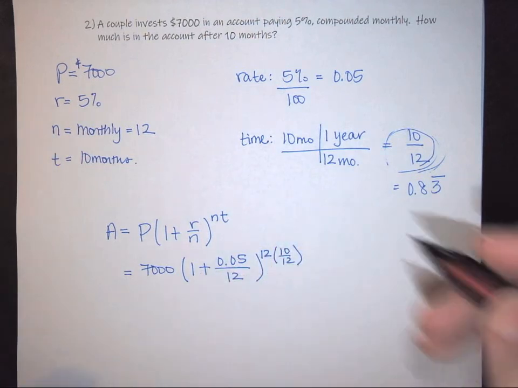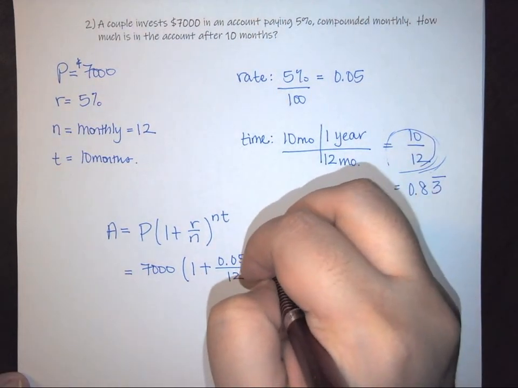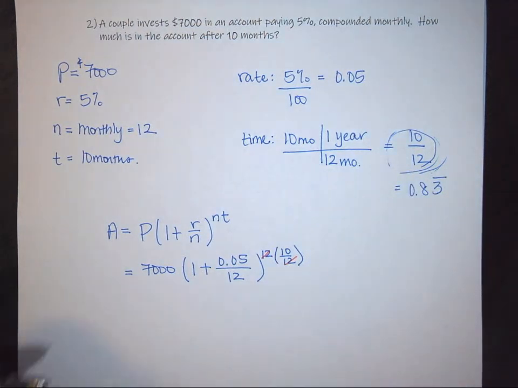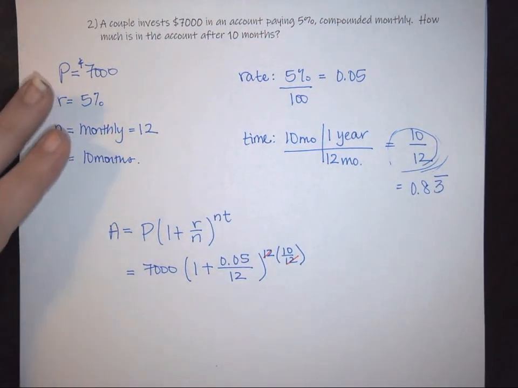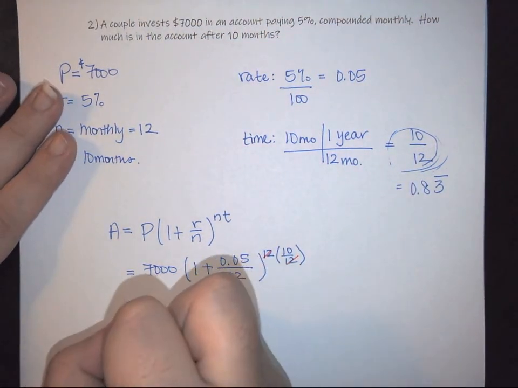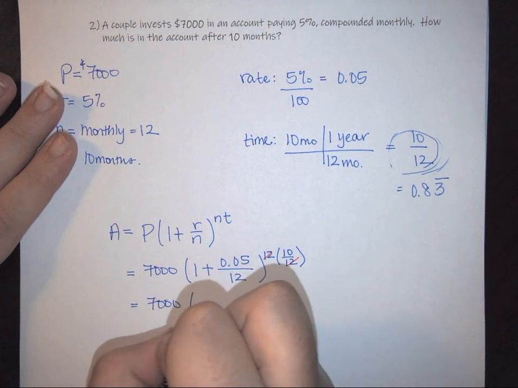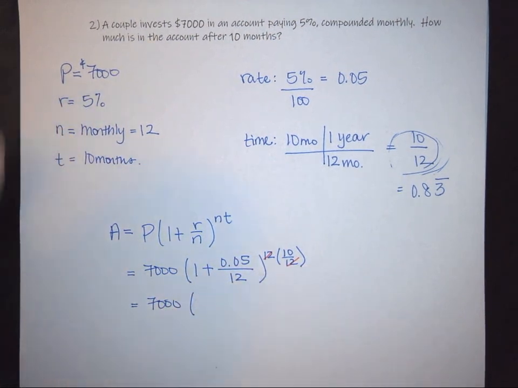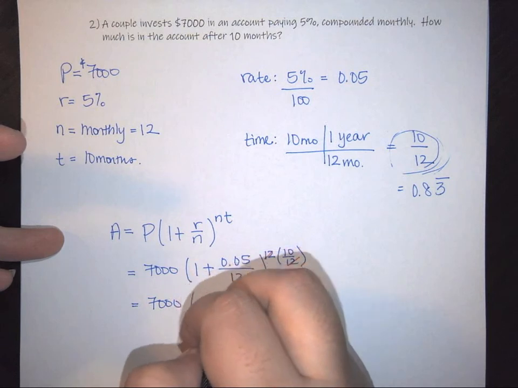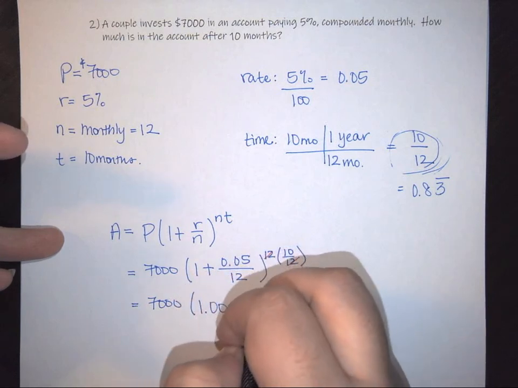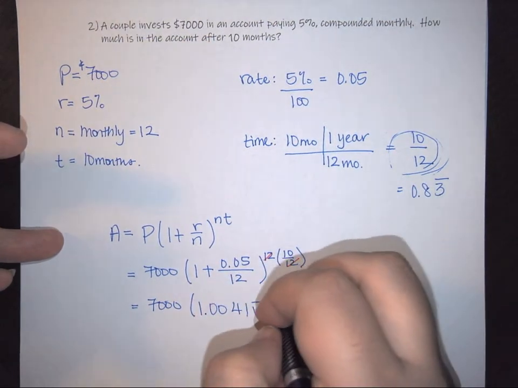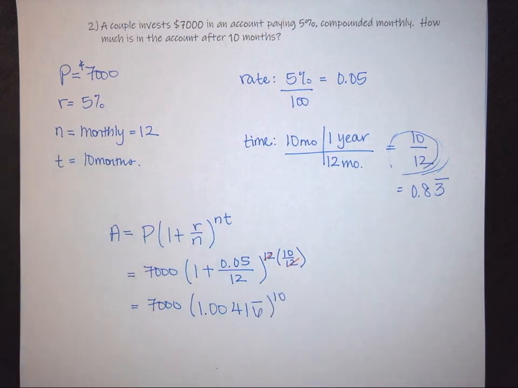Now if you look very carefully here, notice the two 12s are going to go away. So this here is going to be my 7,000 times, do the inside, 0.05 divided by 12, and then add 1. So 1.00416 repeating, raised to the 10th.